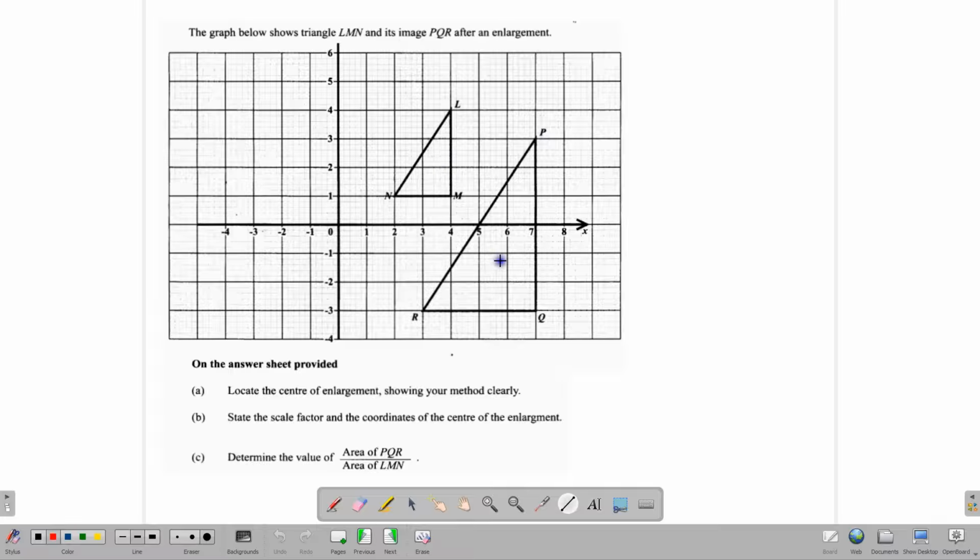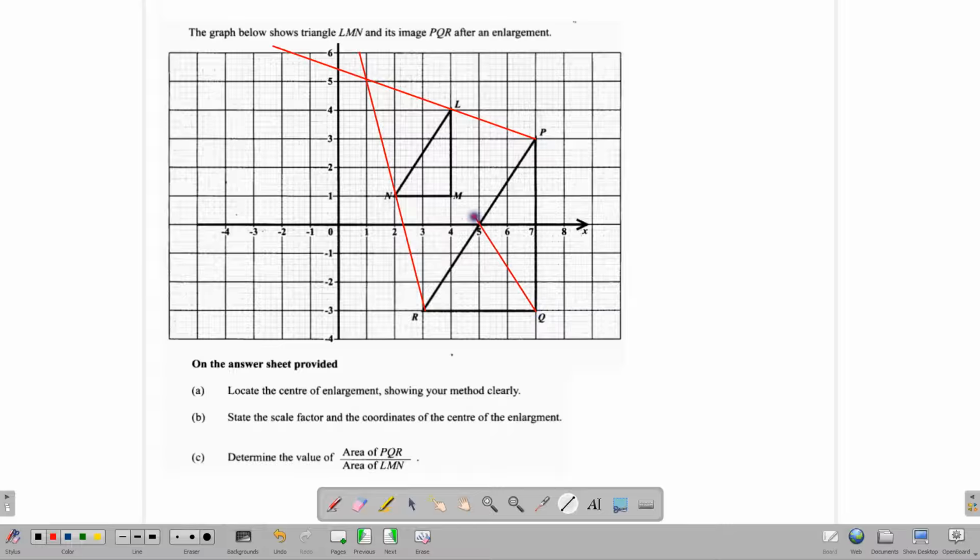So this triangle and this is its image after an enlargement. So L and P are similar points. So you take a ruler and draw a straight line like that through corresponding points. And you just need 2 sets of points. So you can draw it through this one as well. And you notice there that the points intersect at this point here.